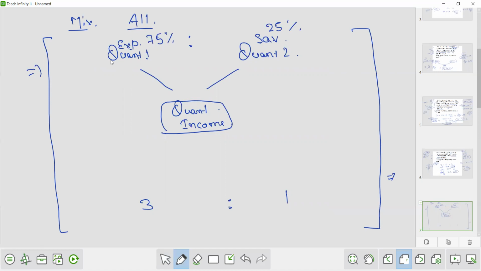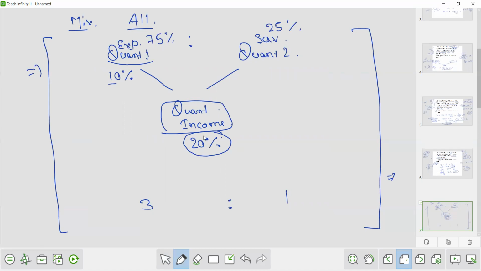Now here it is saying that the expenditure got increased by 10% and the income got increased by 20%. So according to mixture and alligation, this is the mean value, and this value is greater than one of the values and smaller than the other.